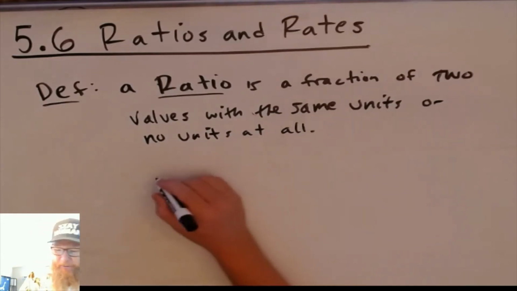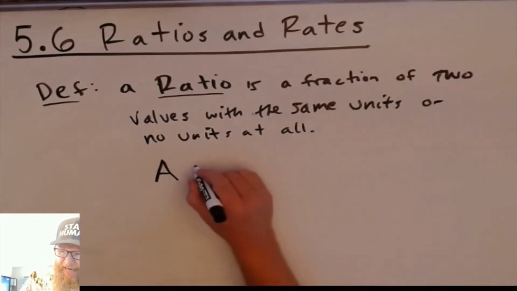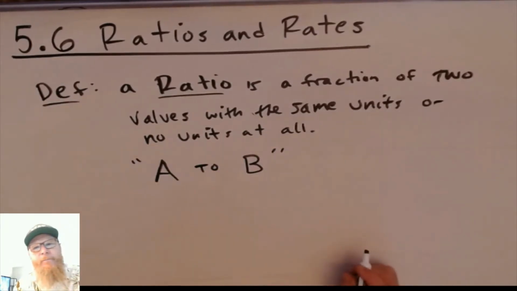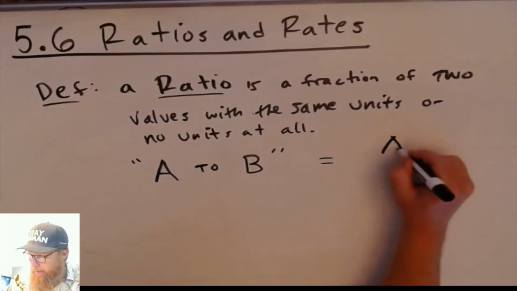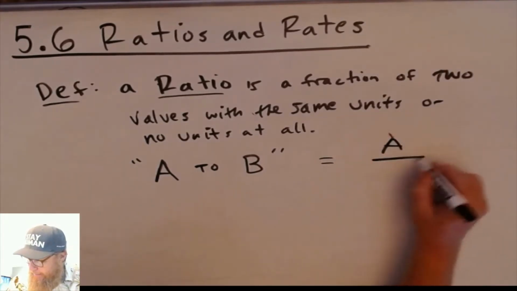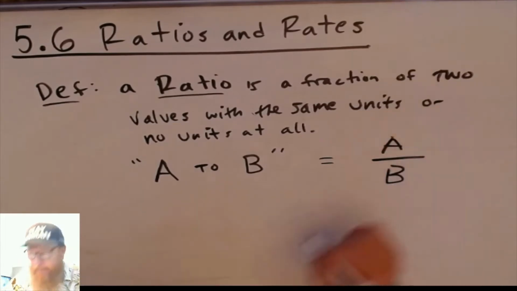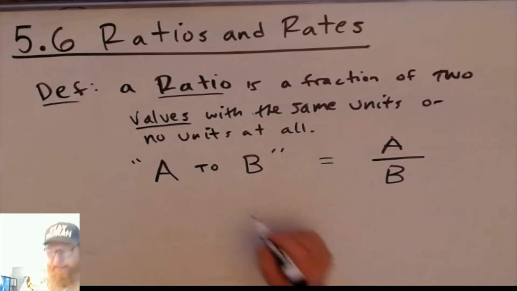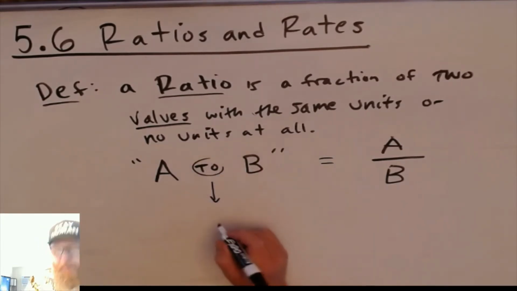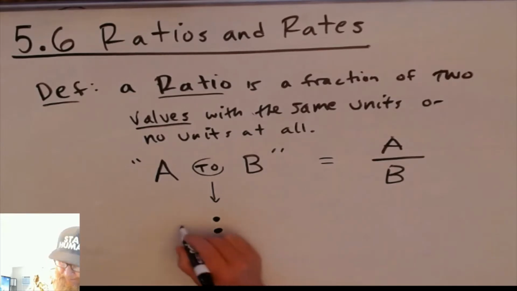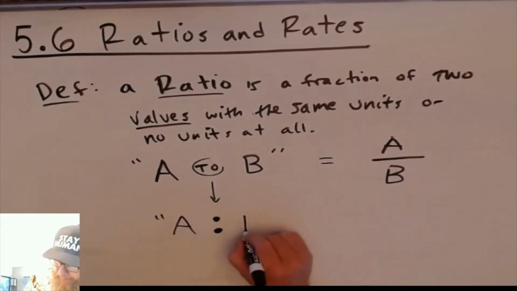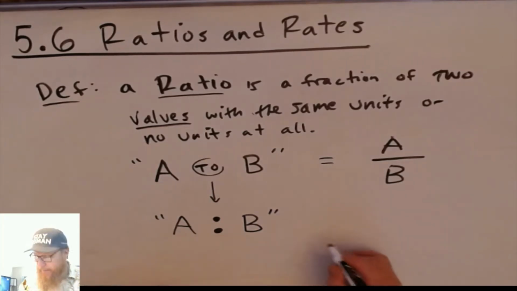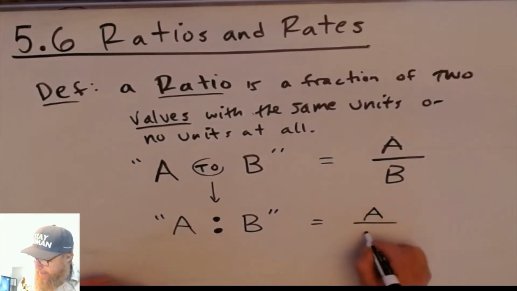We typically use the words A to B. So that would be A over B. Those are your values, A and B. And sometimes instead of using the word to, we use a colon, which is still read as the word to. So this also means A to B, which is written again A over B.